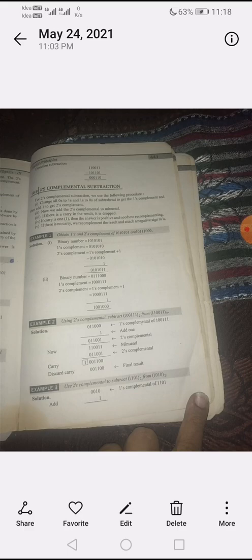This is about 2's complement. So this is about 1's complement and 2's complement: first convert into 1's complement, then add 1 to the 1's complement to get the 2's complement.